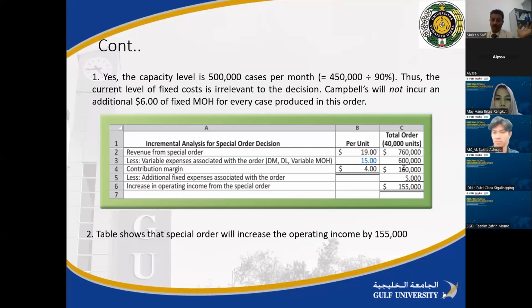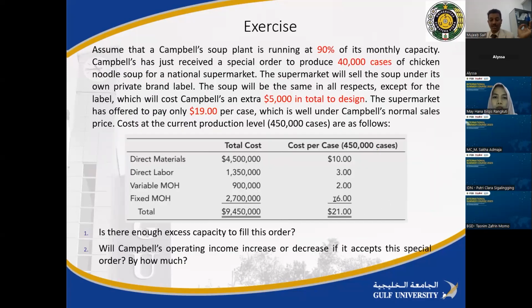Now, contribution margin, which is sales minus variable cost, will be 160,000, right? This is the operating income before fixed cost. Regarding the fixed cost, you will not pay 650 as it is mentioned.